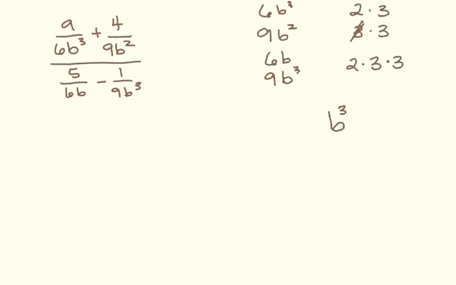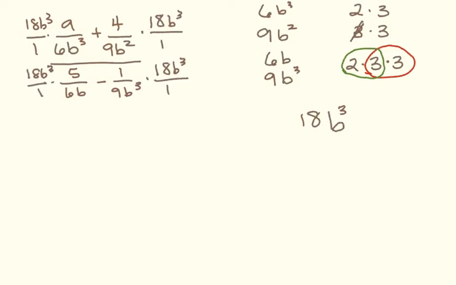So that we have the entirety of 9 in our least common denominator and the entirety of 6 in our least common denominator. So when we multiply this out, we will get 18. So our least common denominator was going to be 18b cubed. And we will multiply each and every term by 18b cubed over 1. And I will pause it while I do this.